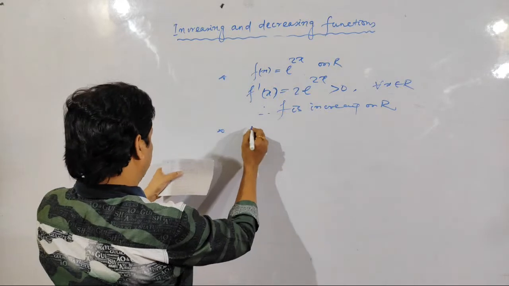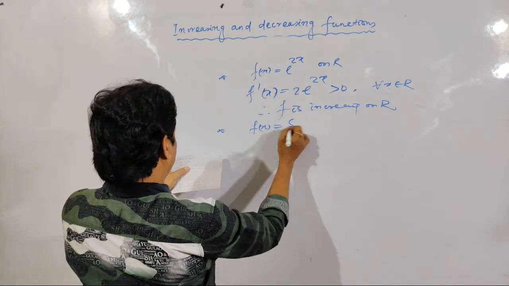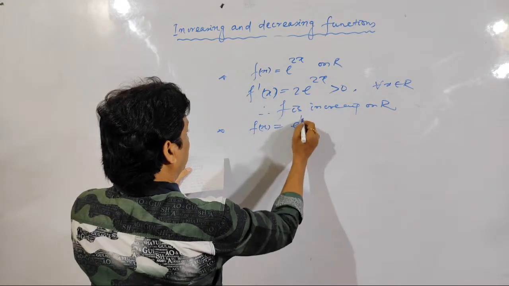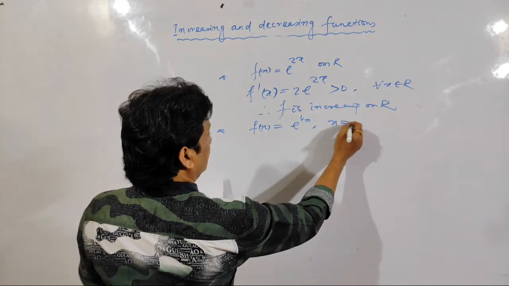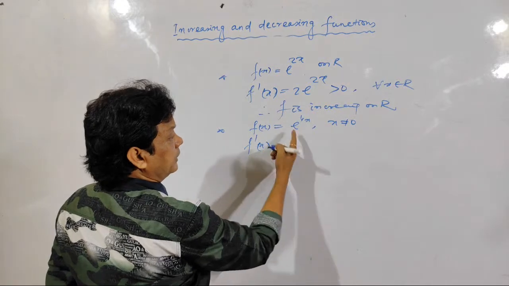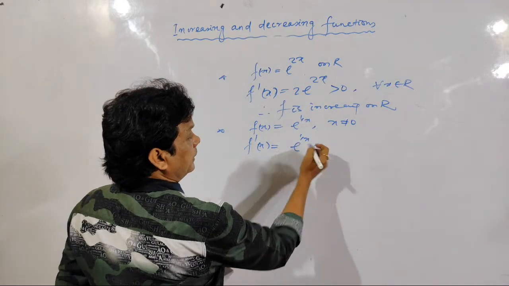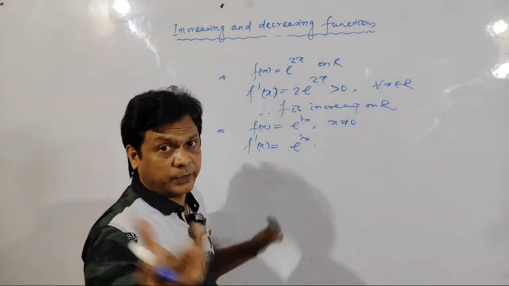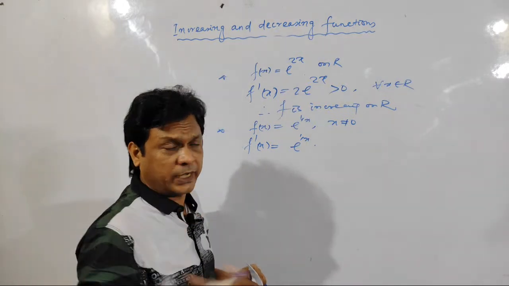Second question: f of x is equal to e to the power 1 by x, where x is unequal to 0. What is the derivative? Simple derivative: e to the u, that means e to the power 1 by x into the derivative of 1 by x. What is the derivative of 1 by x? It is minus 1 by x square.